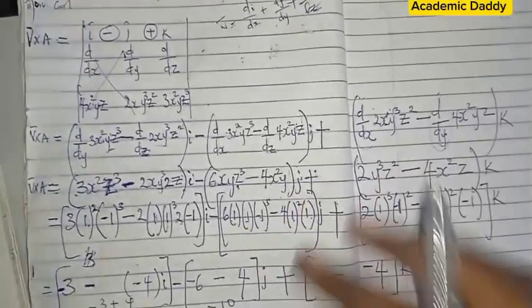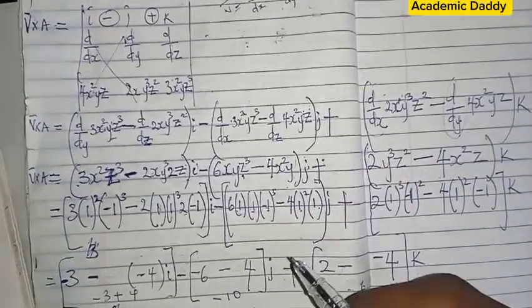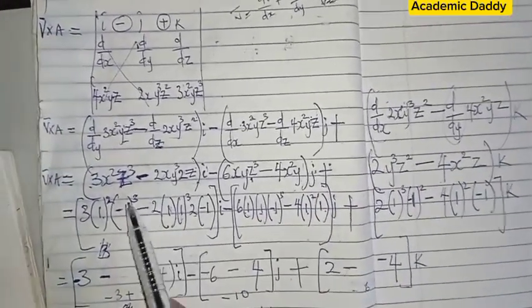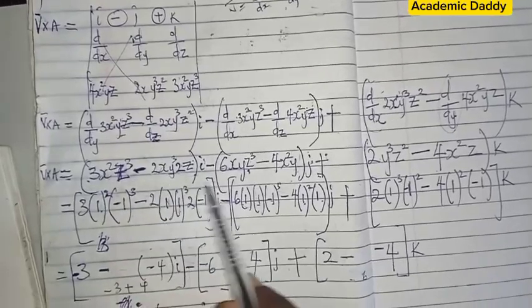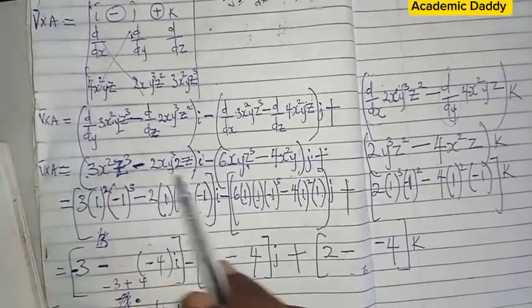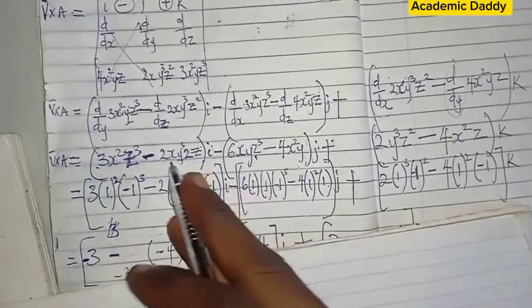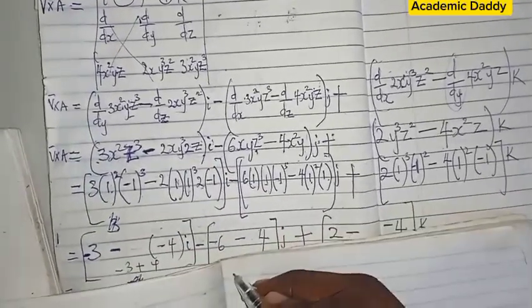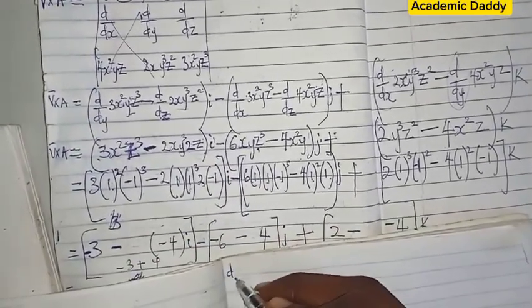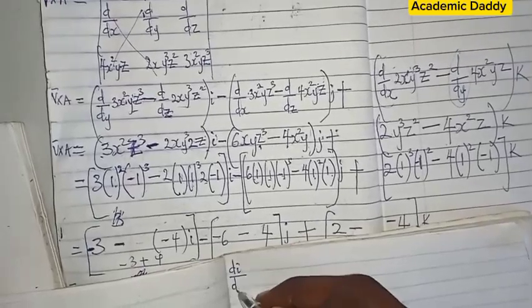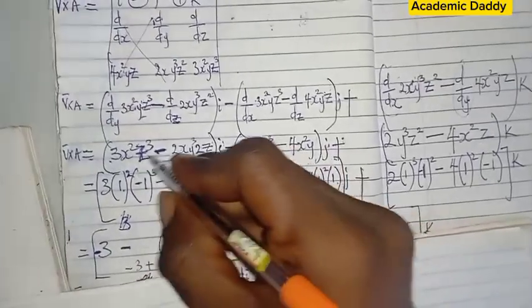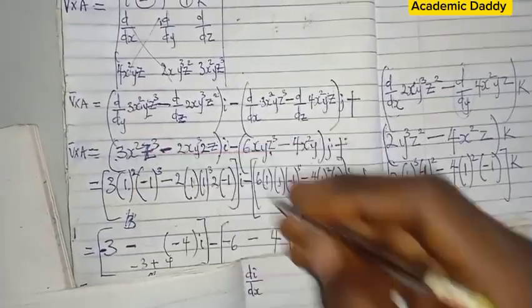So remember, we said at this point we get our curl of the vector. When we got this curl of the vector, to get the divergence, we said that we'll simply do ∂/∂x. Then what do we have on the i part for this curl of the vector?